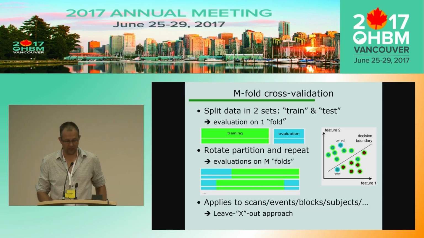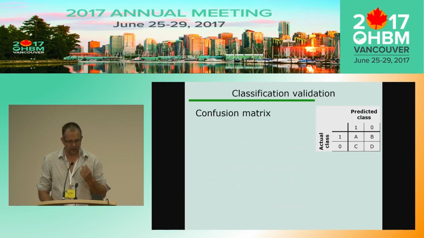Subjects obviously are independent, unless you have repeated measures and stuff like that. So there you would need to get all the data from one subject out or from a few subjects out. You wouldn't keep a few scans of one subject, like a drug test before and after. You wouldn't leave half of the data from a single subject out and the other half in.